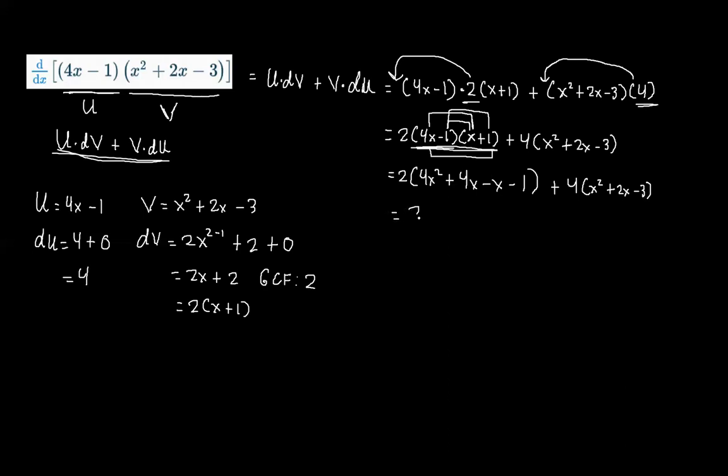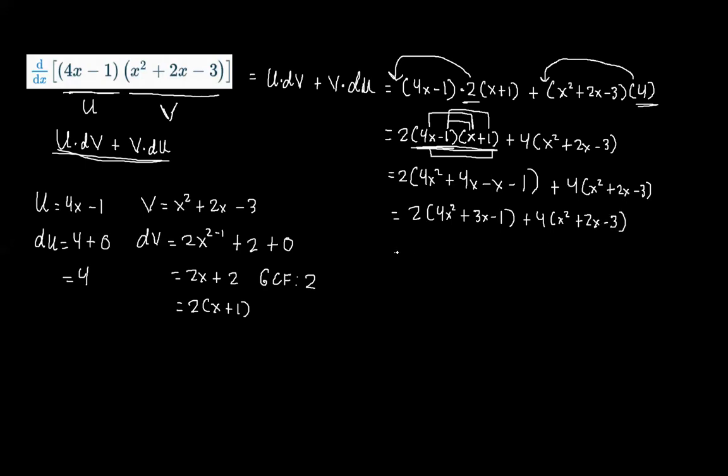Now we're going to combine similar terms here. 4x minus x will give you 3x minus 1. Then plus 4 times x squared plus 2x minus 3.